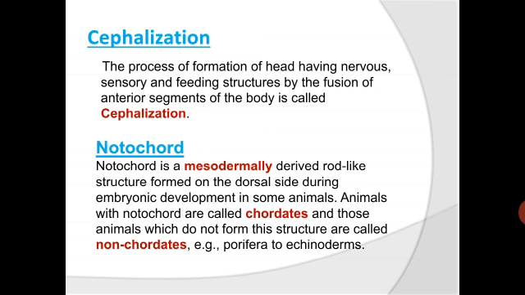Animals with notochord are called chordates, and those animals which do not form this structure are called non-chordates. Example, Porifera to Echinoderms. So that was about cephalization and notochord.